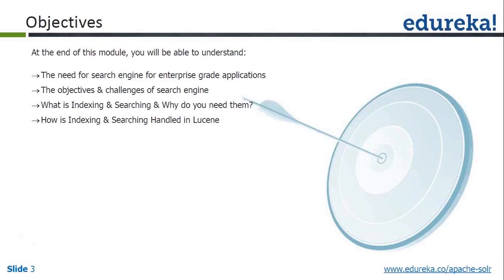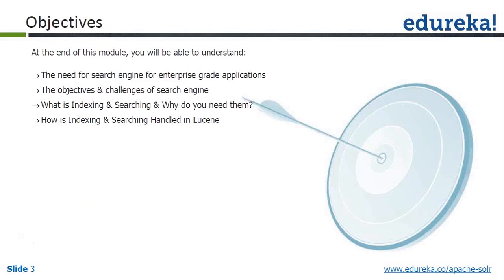So why exactly is search needed is what we would be talking about. There are a few objectives and a few challenges of the search engine which we would be discussing. We would be discussing indexing and searching and why exactly anyone would need them.